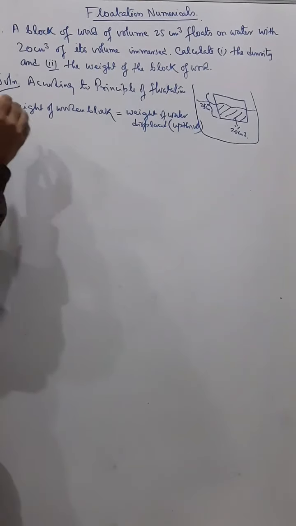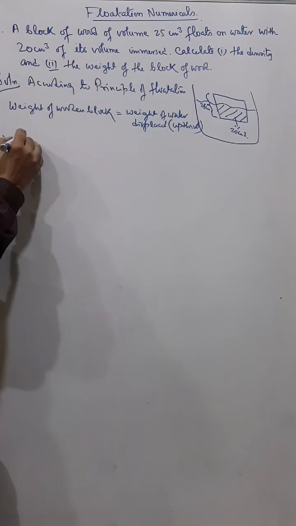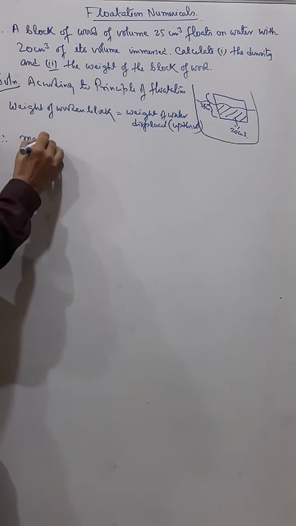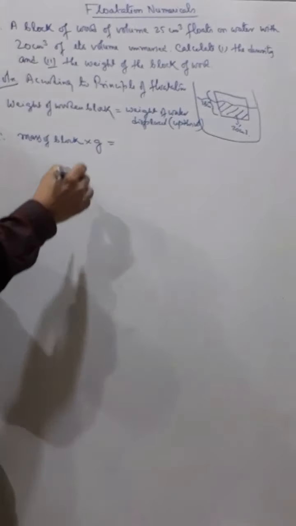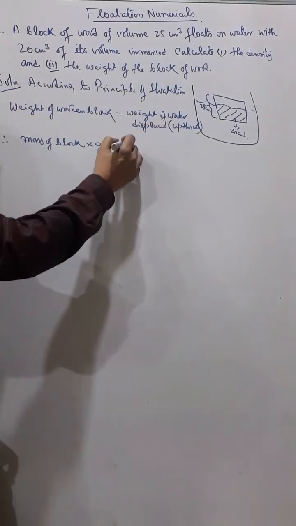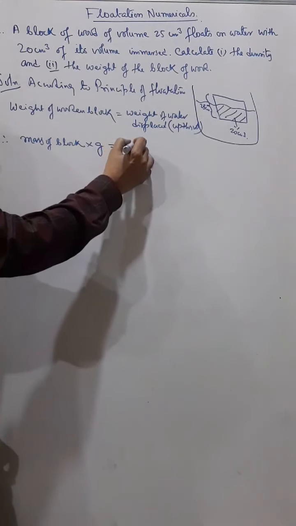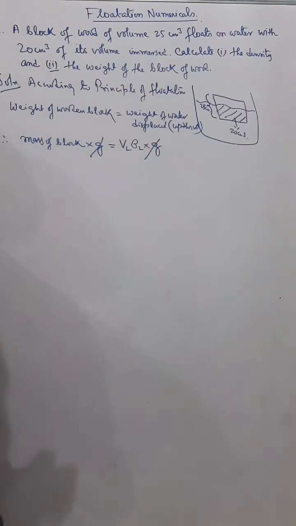And we know weight of wooden block means mass of block into g, and weight of water displaced, upthrust, means volume of liquid displaced into density of liquid into acceleration due to gravity. Now g and g get cancelled.